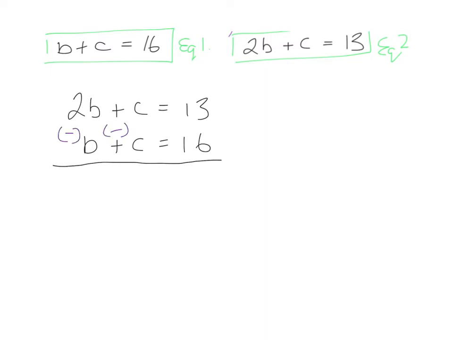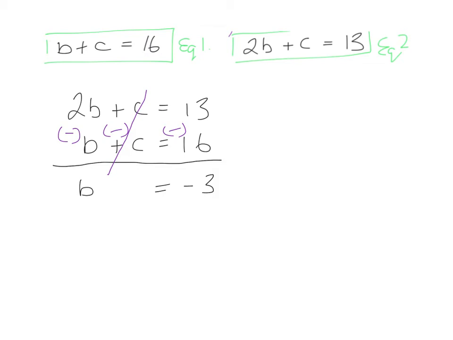So plus by a minus is a minus, plus by a minus is a minus, and this becomes minus 16. Now when I do that, these can cancel. And 2b minus b is going to leave me with just b. And then it's b equal to minus 3, because it's minus 16 plus 13. So now I know what b is, so I simply take equation 1.